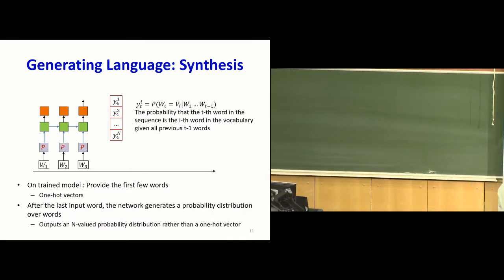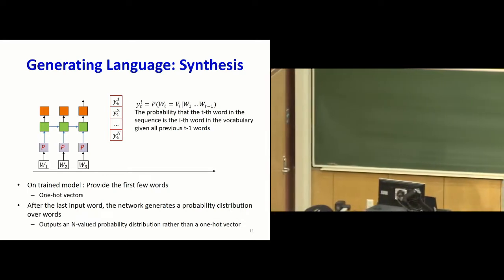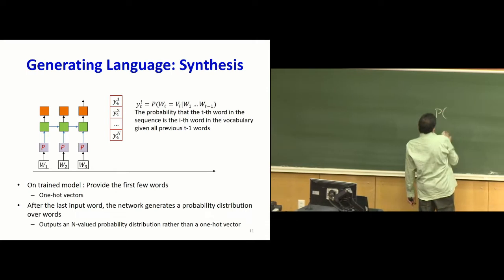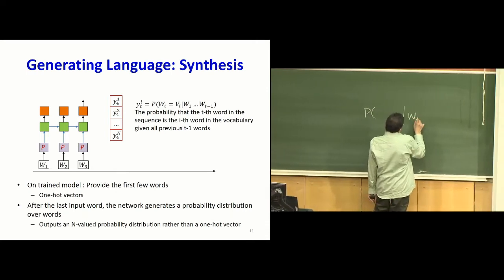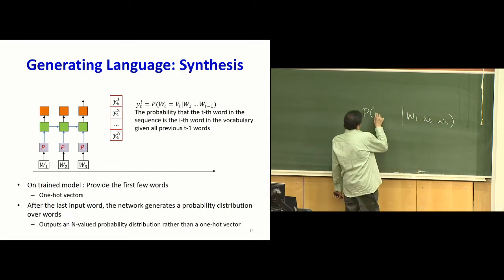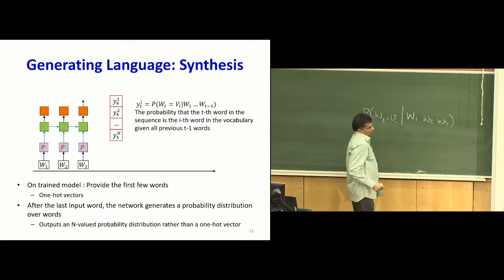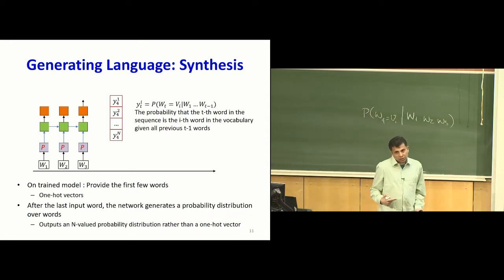So what happens at time 3 over here? At time 3, the output that's being computed, what has been given to the network so far are these words, W1 through W3. And what you are producing is the probability distribution for the words that could occur at time 4.